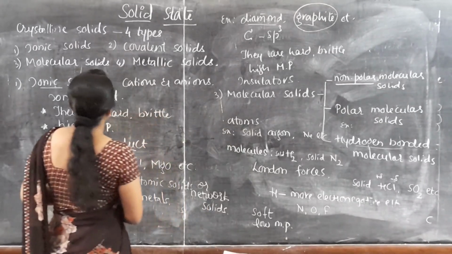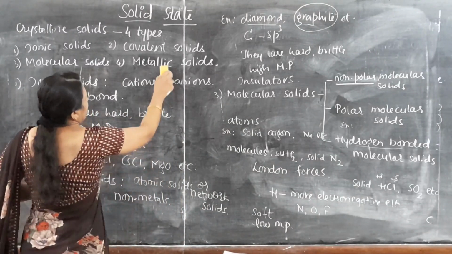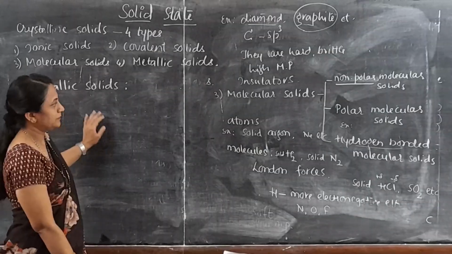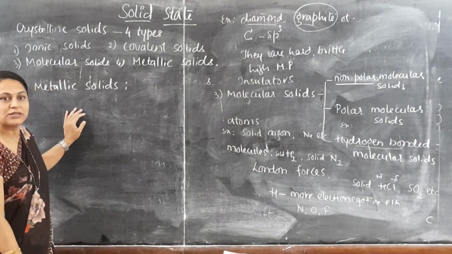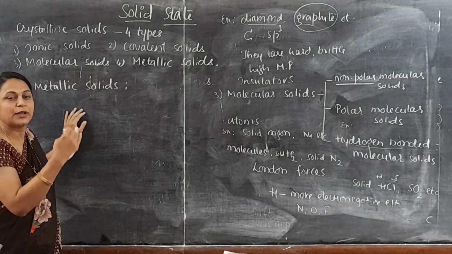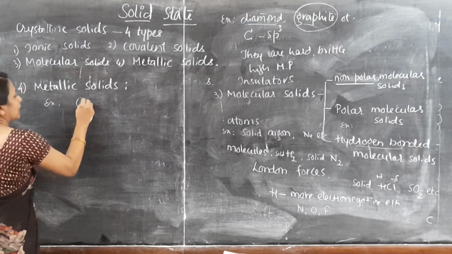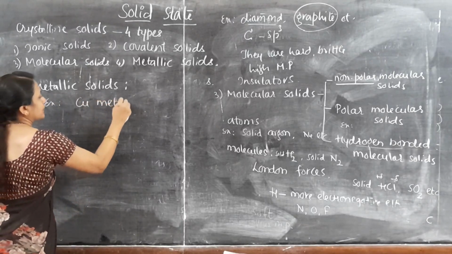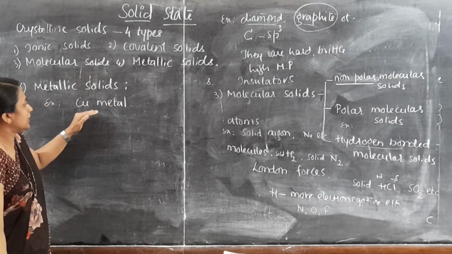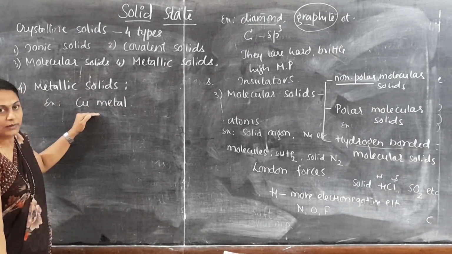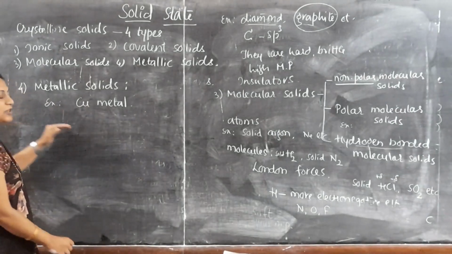Now the last one, that is metallic solids. Here the constituent particles are atoms belonging to the same element. For example, consider copper metal. Copper metal is a metallic solid. Here the atoms of copper are linked by metallic bonds.